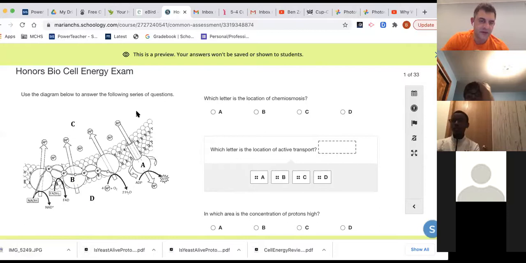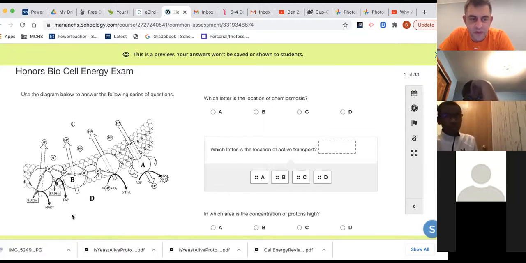Okay, so this picture right here is the electron transport chain, okay? Now, when you're talking about the electron transport chain, basically what you're seeing is that these molecules that are embedded in the membrane of the mitochondria are pumping hydrogen ions from low to high concentration.